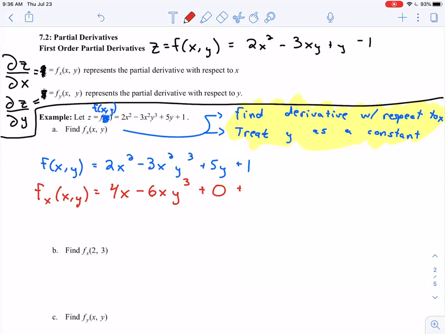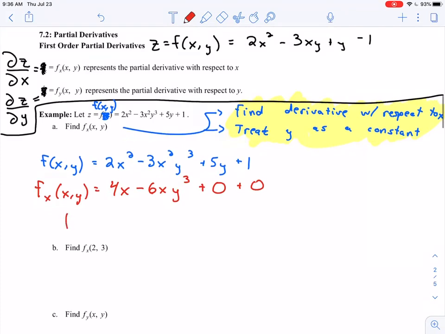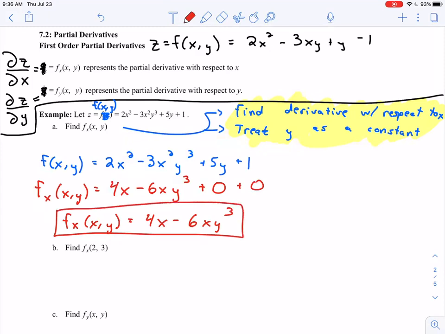And 1, well, that's a constant. We're used to seeing that the derivative of that is 0. You don't necessarily need to write in 0, but I like to do that here just so that it's very clear exactly what's going on. So my first order partial derivative, f sub x of x comma y, is 4x minus 6xy cubed. Here is my first order partial derivative with respect to x.